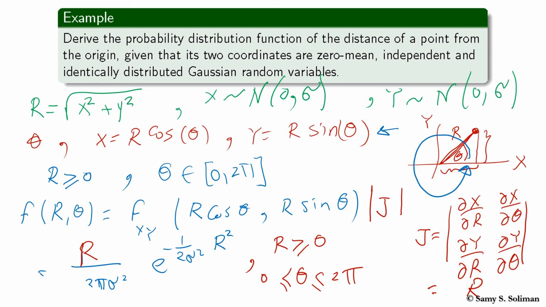That will be equal to 2 pi, which cancels out with this 2 pi in the denominator. So we have f of r, the probability density function of r, equal to r over sigma squared e power negative half r squared over sigma squared. This distribution is one of the popular distributions known as the Rayleigh distribution.